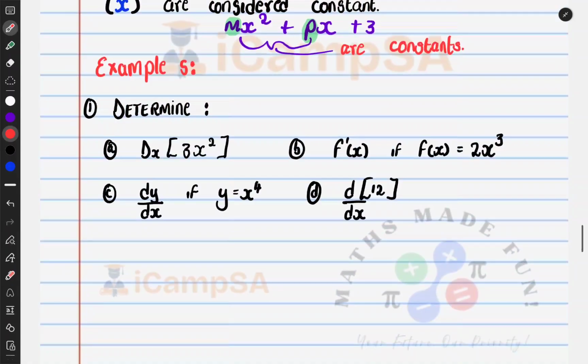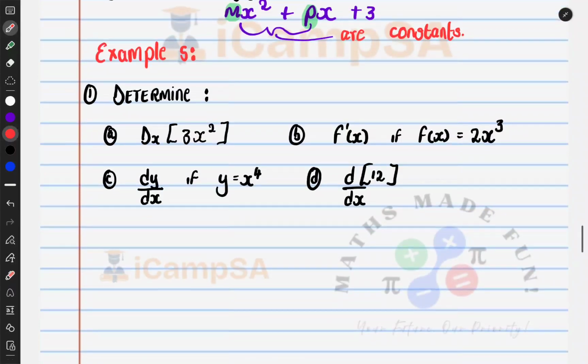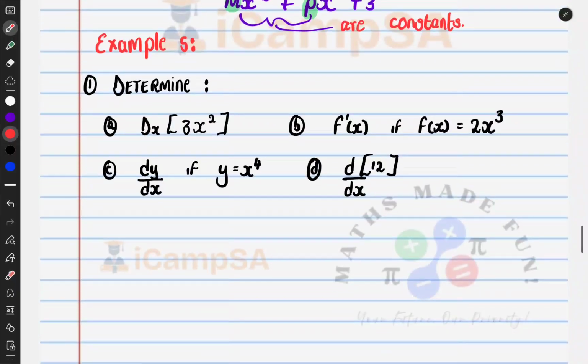Yeah, let's quickly do the following examples to show what we are talking about. Example number 1, for point A, we are to determine the derivative of 3x squared.